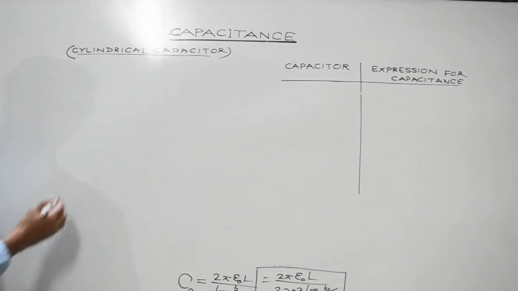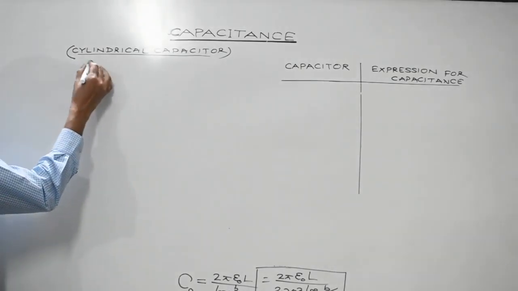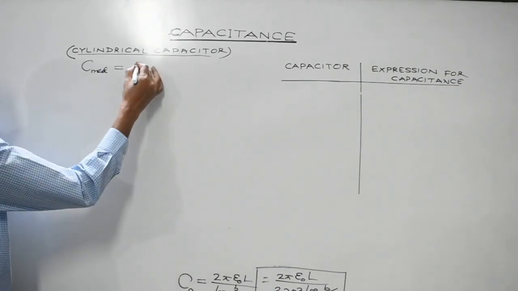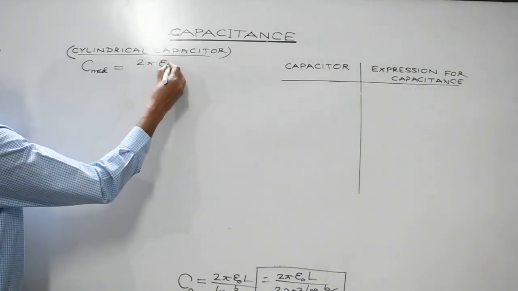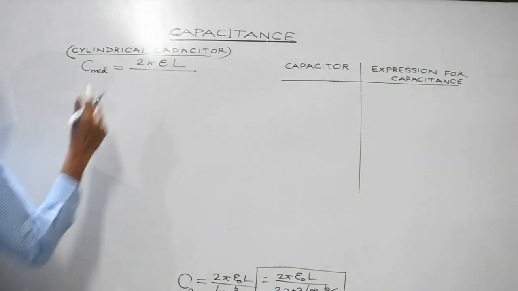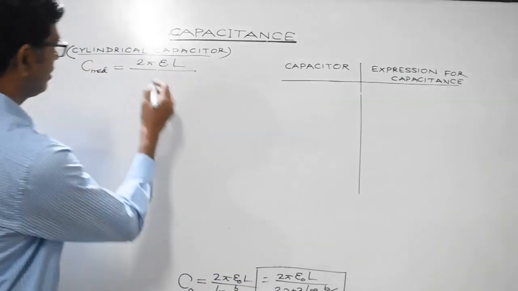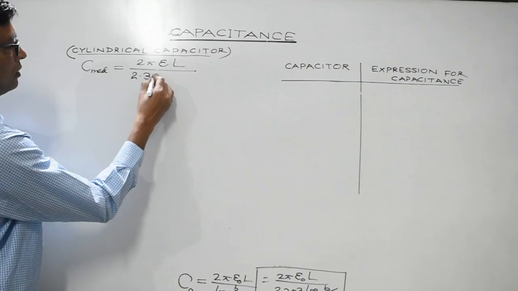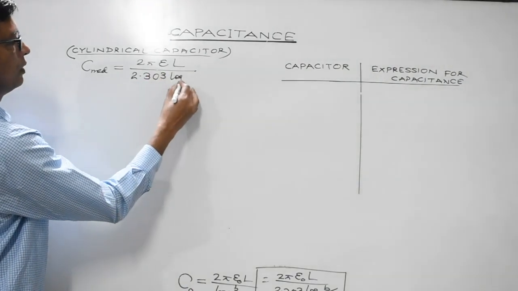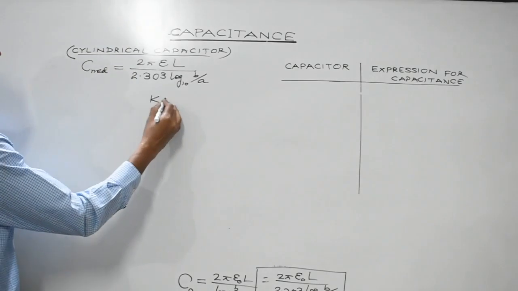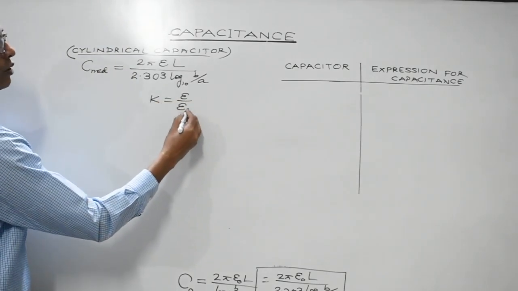What I am trying to convince you is that in case of a medium, the expression would be given by 2 pi epsilon L. This will be the absolute permittivity of the medium under consideration. Rest will remain same. Now, K is epsilon divided by epsilon naught.